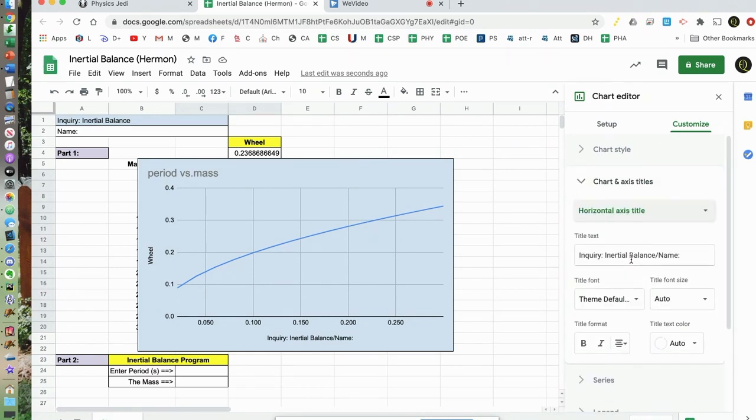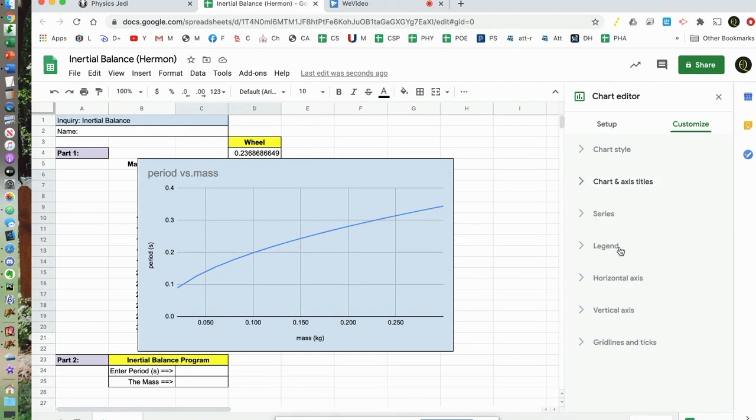Horizontal axis title should have been the mass in kilograms. And the vertical axis title should have been the period in seconds. Now yours might have come out right. It could have come out right. So you might have to change these things, but that is how you change them.